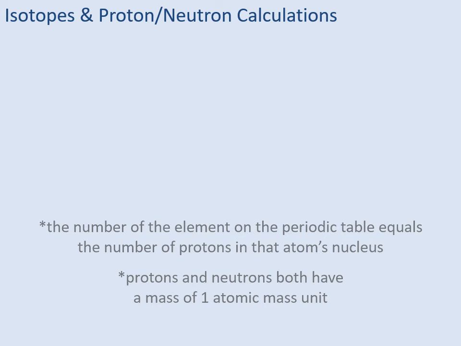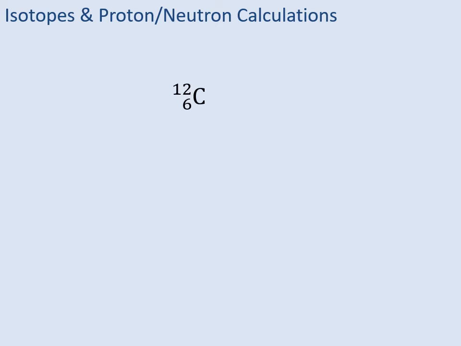So if we see the symbol 12,6 carbon, also written as carbon-12, we are told that this atom of carbon has 12 atomic mass units. Since carbon is number 6 on the periodic table, this carbon atom has 6 protons. And if it weighs 12 atomic mass units, it must also have 6 neutrons.